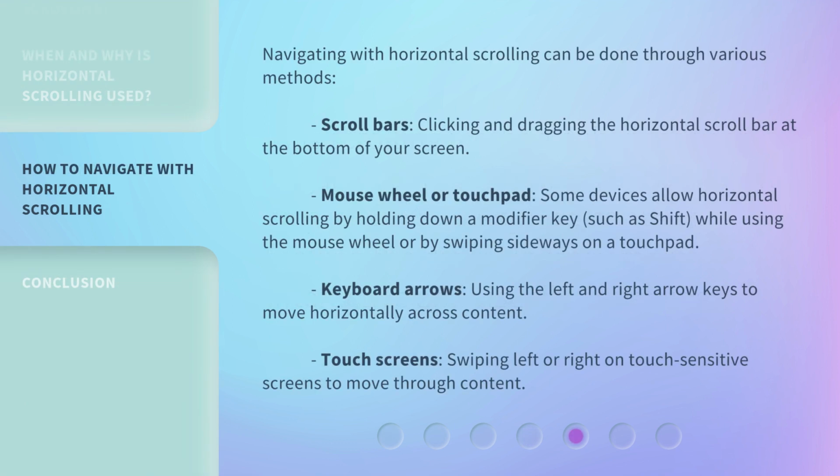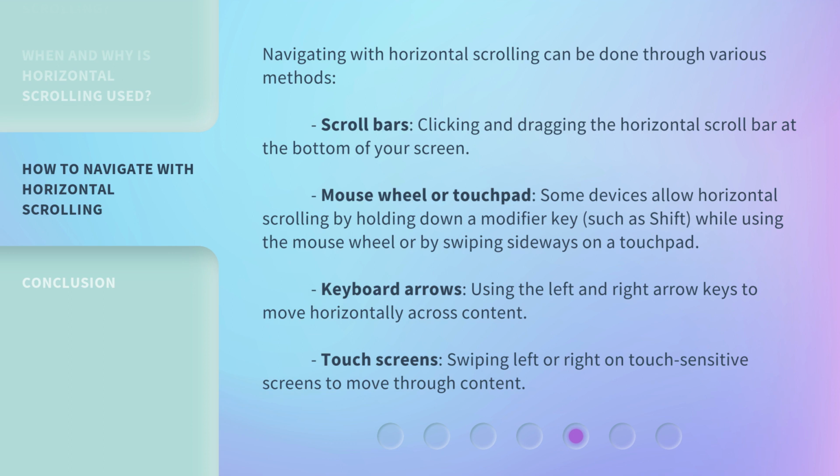Navigating with horizontal scrolling can be done through various methods. Scroll bars: clicking and dragging the horizontal scroll bar at the bottom of your screen. Mouse wheel or touchpad: some devices allow horizontal scrolling by holding down a modifier key, such as Shift, while using the mouse wheel or by swiping sideways on a touchpad.